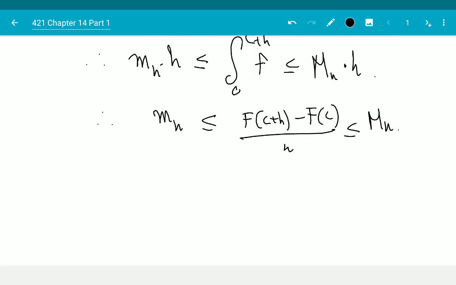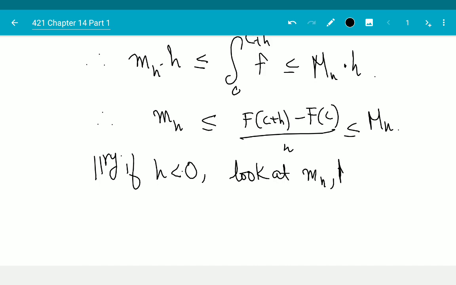Now, the exact same thing works out if h is smaller than 0. Similarly, if h is smaller than 0, then look at m_h, M_h in the interval c plus h, c, right?